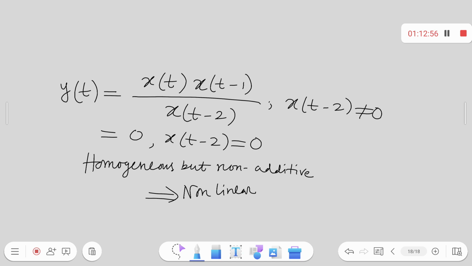Okay. So after discussing the properties of linearity and invariance, now we are at the very crucial juncture of this particular subject.